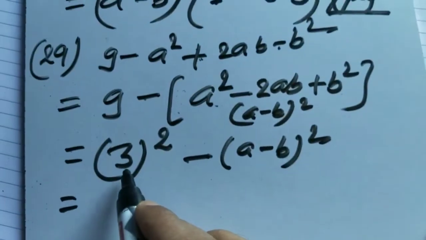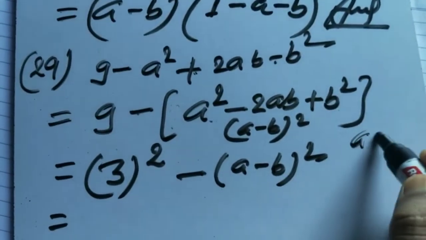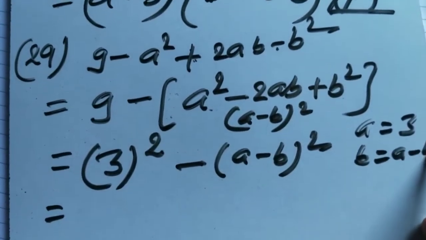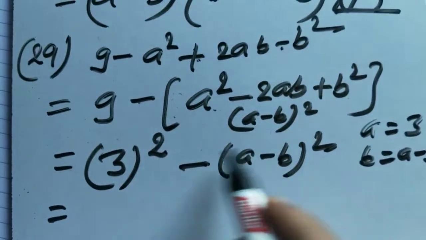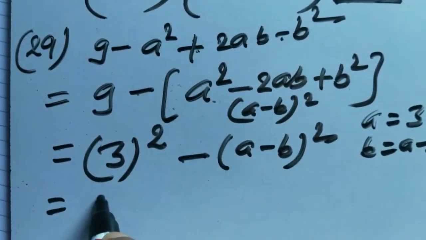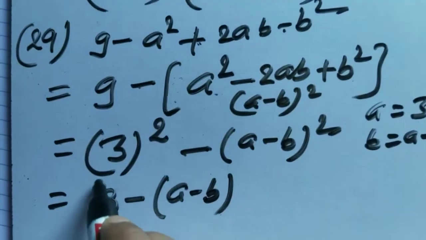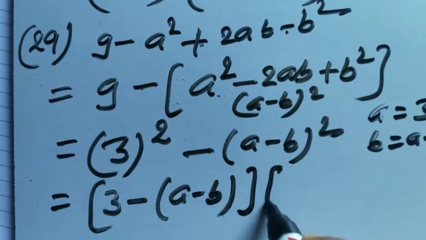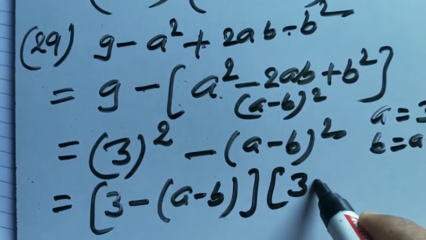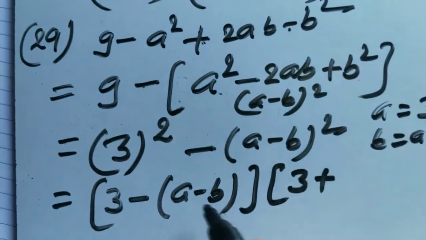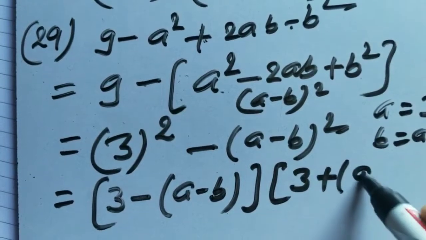Here at the place of a there is 3, and at the place of b there is a minus b. So you will write 3 minus a minus b at the place of b, and a plus b. So at the place of a you have to write 3 and plus, at the place of b you have to write a minus b.